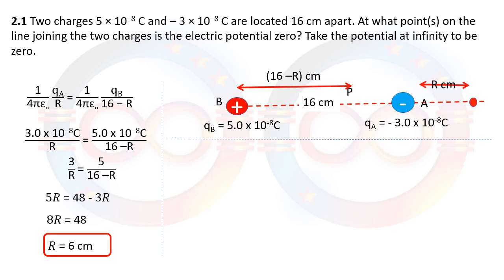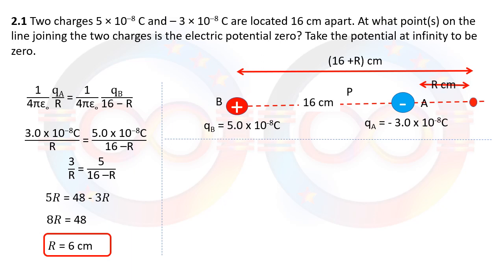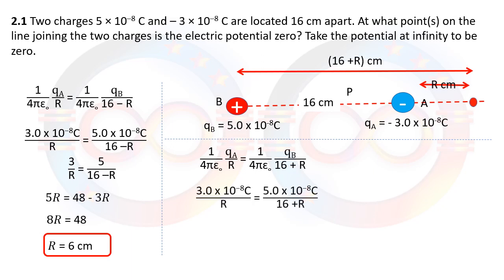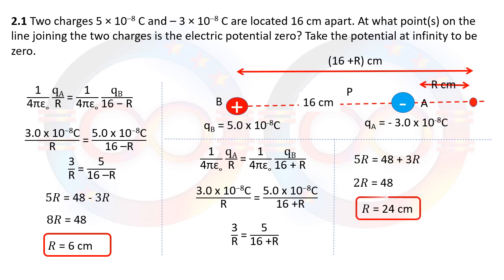So this distance again we are considering r from A, and the distance from B obviously would be 16 plus r. Same formula, same equation, only the 16 minus r would get changed as 16 plus r, and after simplifying you will be getting r is equal to 24 centimeter from A or 24 plus 16 centimeter from B. So there are 2 points where potential would be 0.